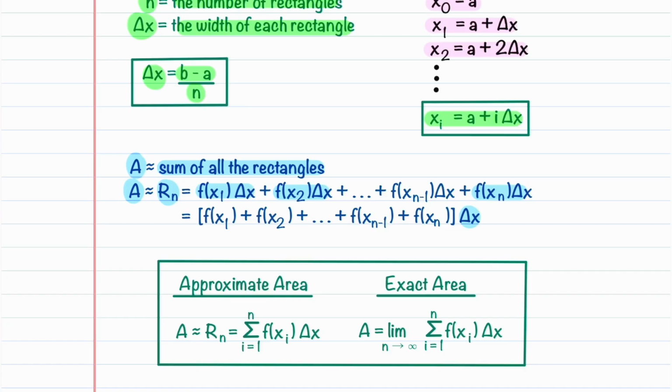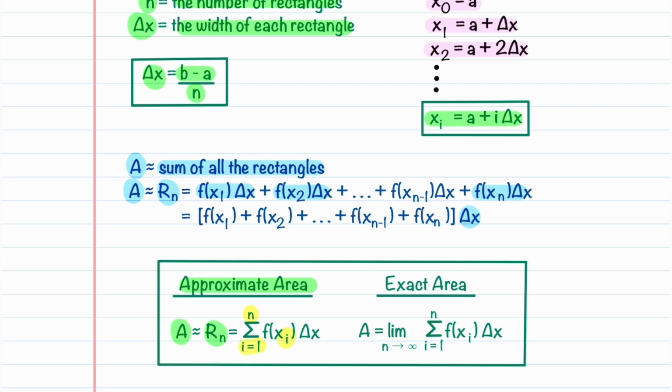We can then say that the approximate area under our curve, A, is approximately r sub n, and it's the sum from i goes from 1 to n of f of x sub i times delta x. So it's just f of x1 plus f of x2 all the way up through f of xn, and all of those get multiplied by delta x.